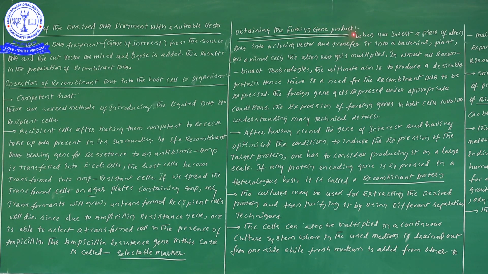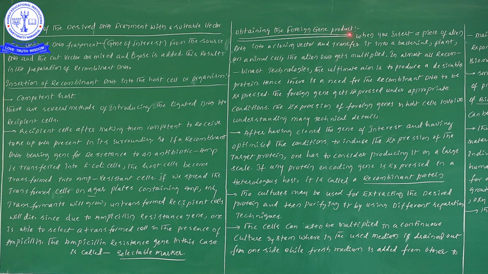In the molecular basis of inheritance chapter I gave some information. Suppose a particular DNA is there, that DNA undergoes transcription, later translation. By transcription, mRNA formation takes place from the DNA. Next, this mRNA undergoes translation, where protein formation takes place, I said. Likewise, the same concept we will discuss here.